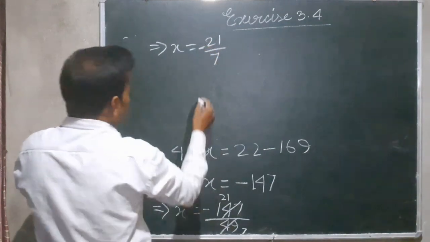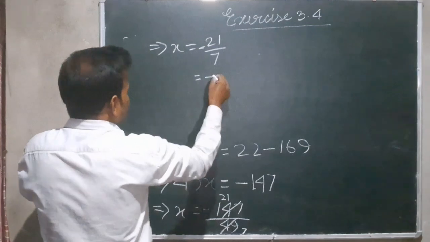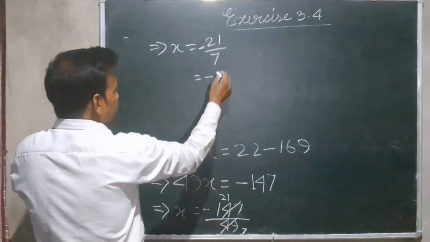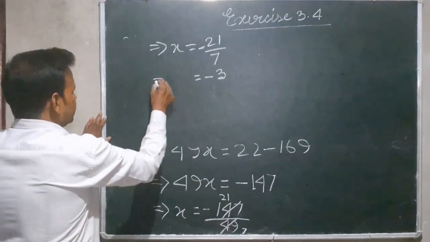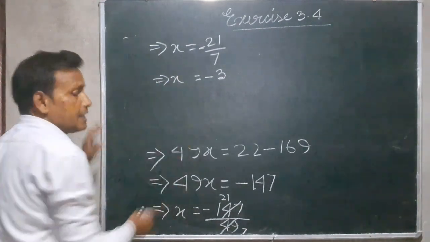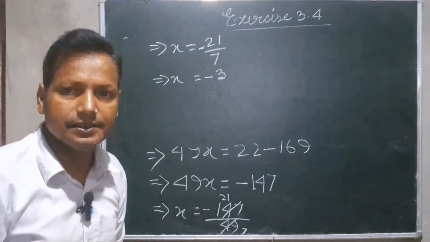Minus sign here also. Minus, 7 goes in 21 3 times. 7 threes are 21. The value of x is minus 3.